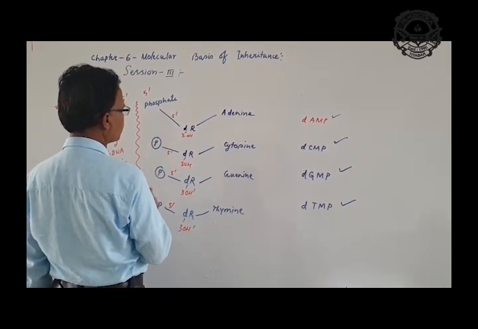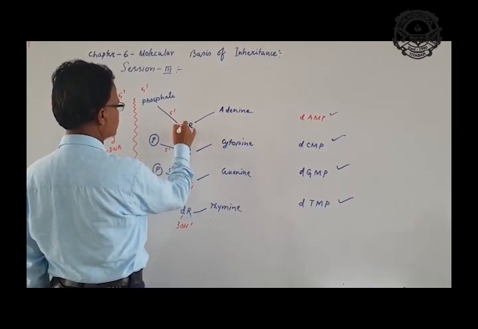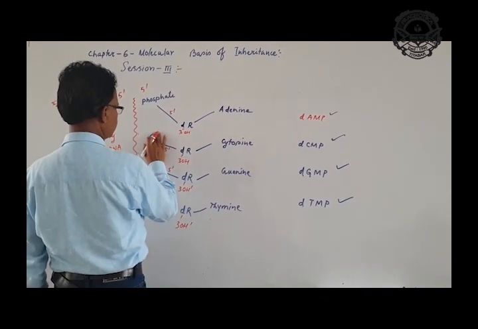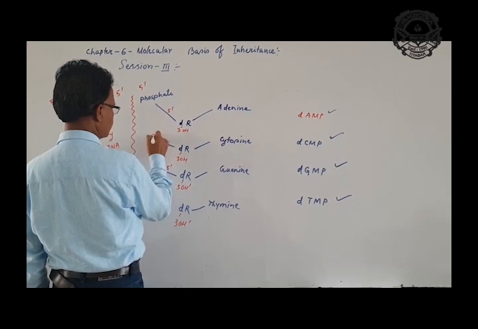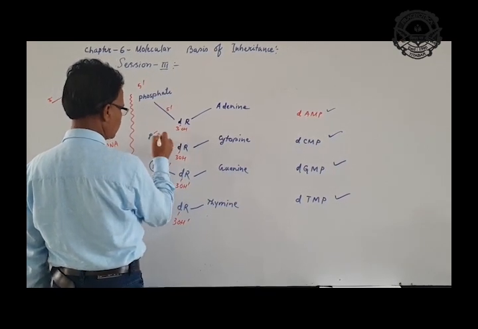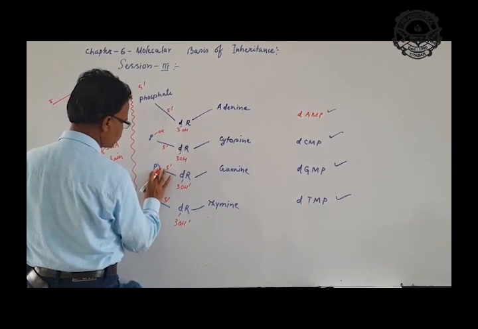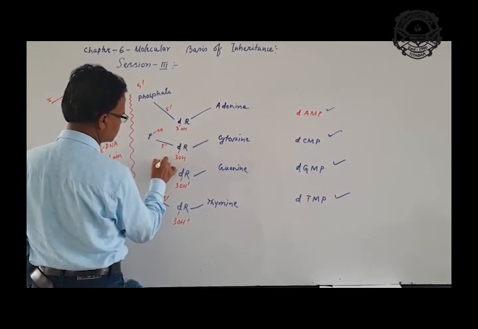The union occurs between the sugar of the previous nucleotide and the subsequent phosphate group. The phosphate group of the subsequent nucleotide always contains an OH group pointing towards the hydroxyl of the previous nucleotide, like this.